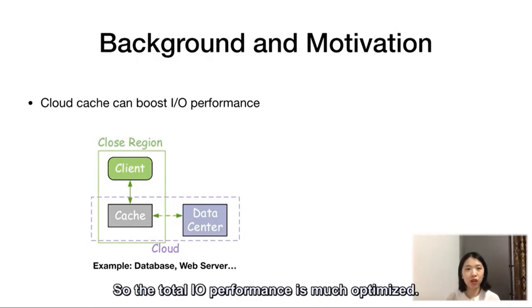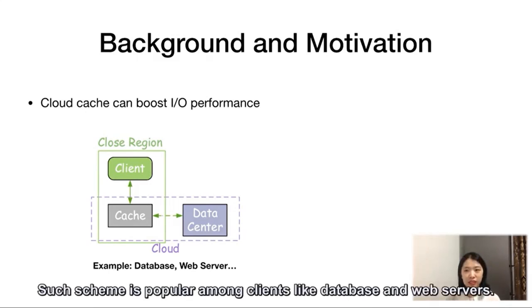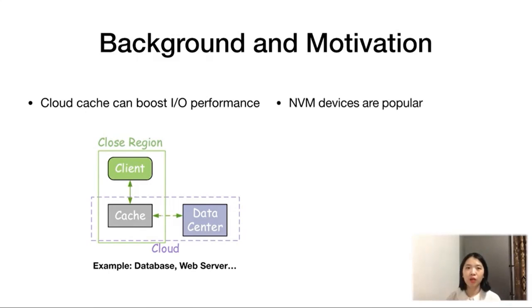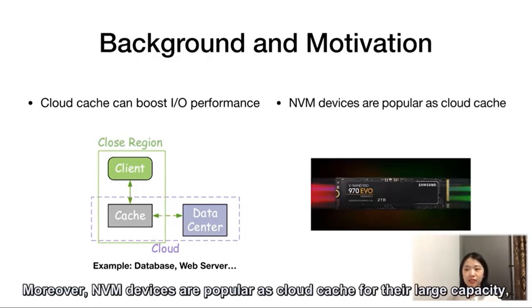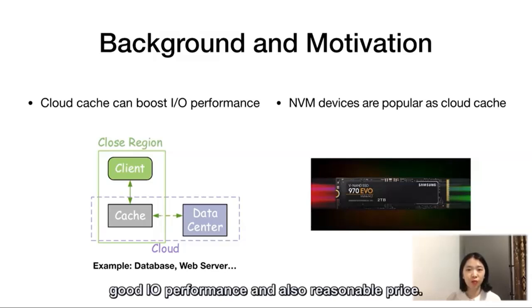So the total I/O performance is much optimized. Such a scheme is popular among clients like database and web servers. Moreover, NVM devices are popular as cloud cache for their large capacity, good I/O performance, and also reasonable price. So we focus on NVM-based cloud cache.